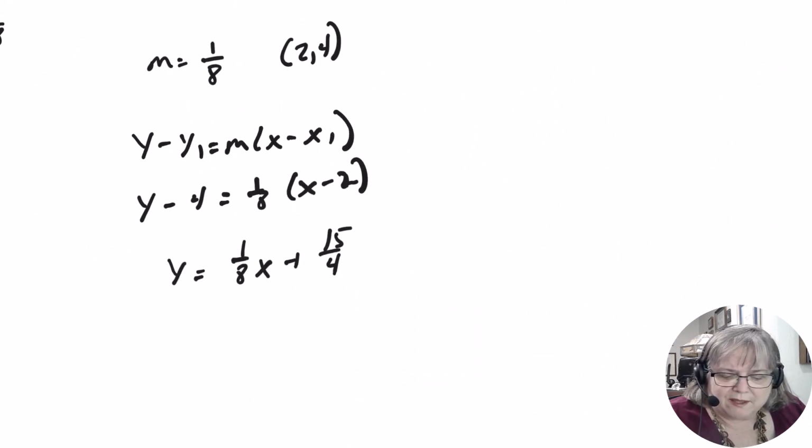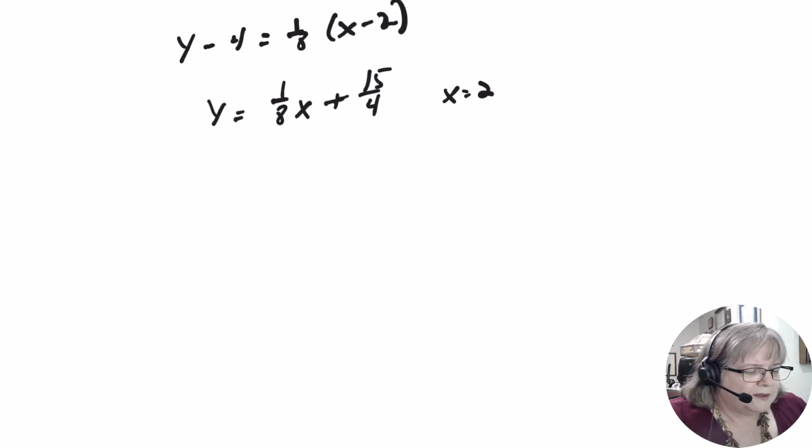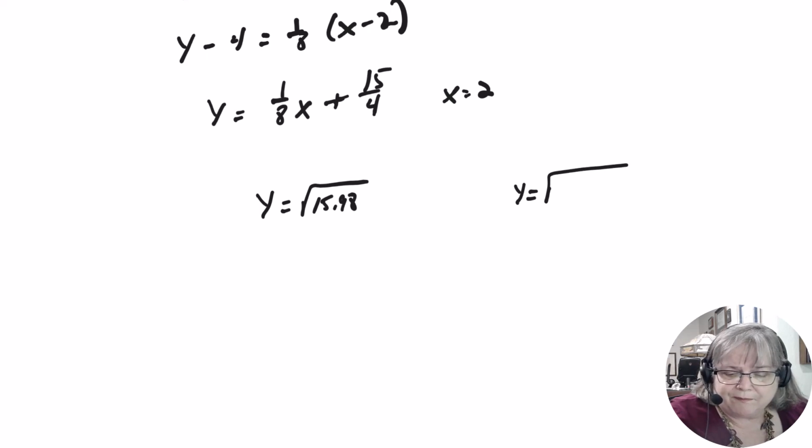So this is my linearization, and it's saying within the vicinity of x equals 2, somewhere on either side, you might be able to use linearization to get close to the number that you would get if you ran the square root of that number. So let's try a couple, right? What if I wanted to figure out the square root of 15.98? Now originally, we set this up as the linearization of the square root of x plus 14.